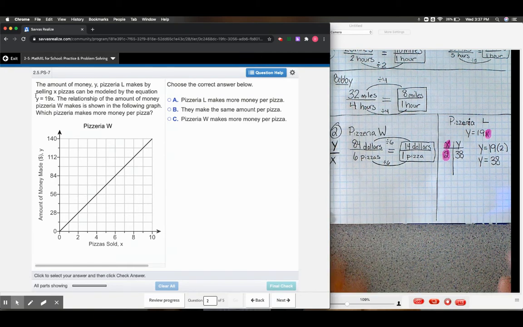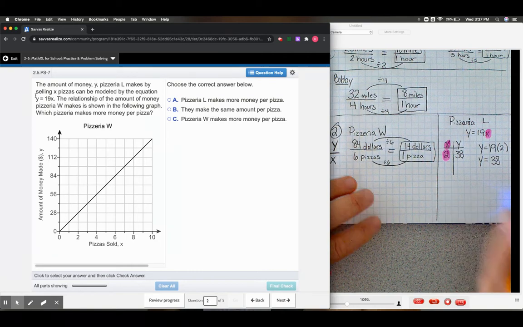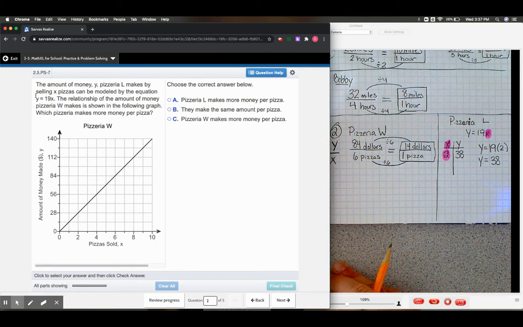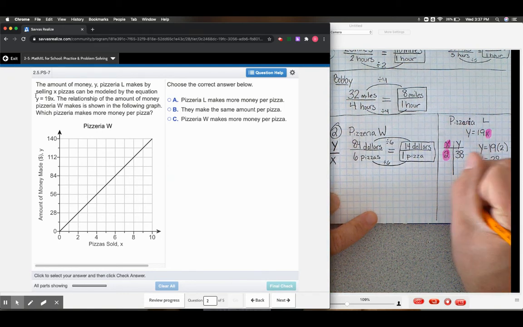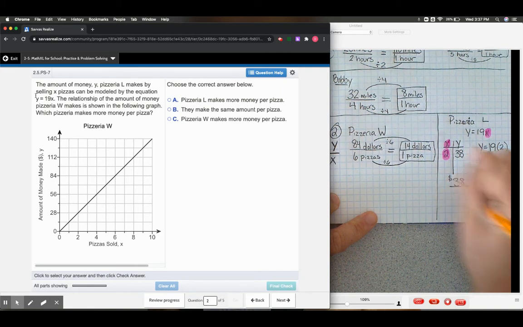And I could keep going. I could try it for 4 pizzas or 5 pizzas, but no matter what I pick, because this is a proportional relationship, the unit rate will always be the same. So let's calculate it. $38, 2 pizzas, not a unit rate because there's not a 1 on the bottom.